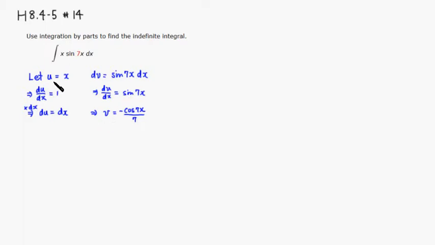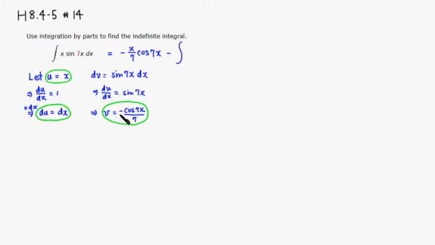So we need u, and we need v, and also du. So this is equal to uv, so it's going to be negative x over 7 cosine of 7x, then minus the integral of v du.